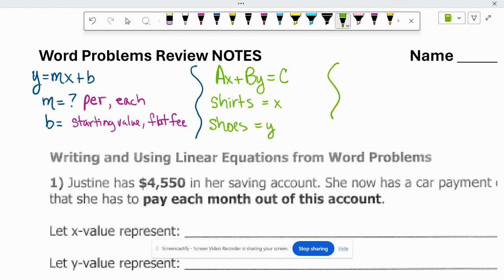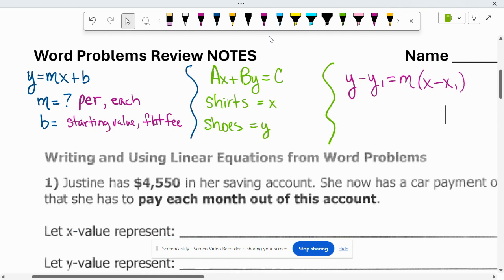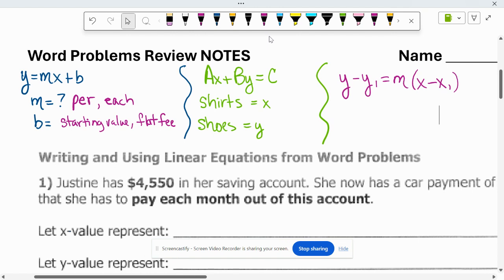And then the last form is written like this. And I think that we did this on Friday. y minus y1 equals m parenthesis x minus x1, but it might have even been on Monday. I don't know. Do you guys remember this one? Yeah, this is called point slope form.